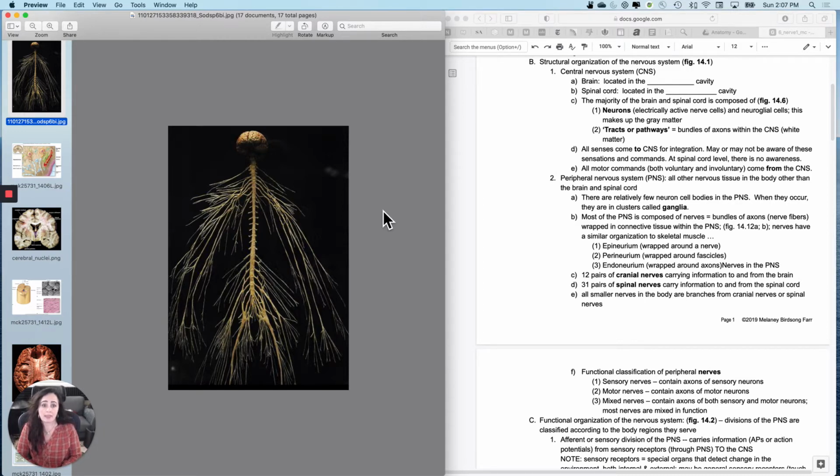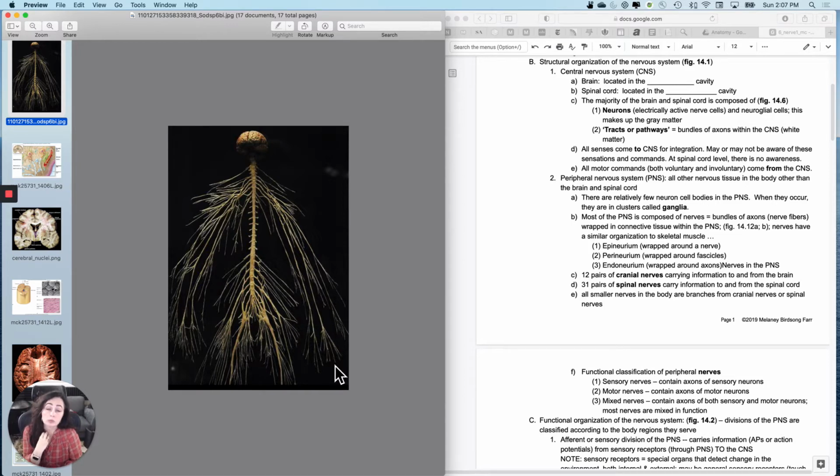Okay, and then every single motor command, so if I wanted to now make my little finger actually do this, needs to come from the central nervous system. So you are in conscious control of skeletal muscle most of the time. But you're not in conscious control of, for instance, glandular secretion or smooth muscle contraction or cardiac muscle contraction.